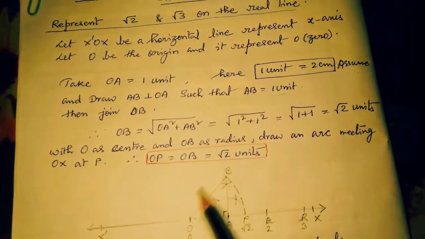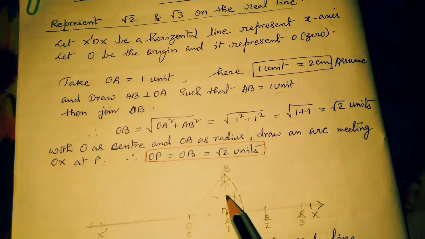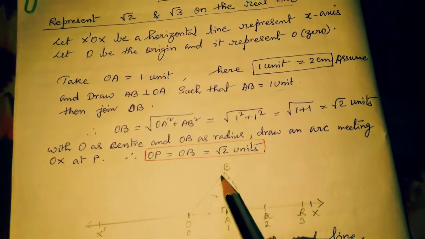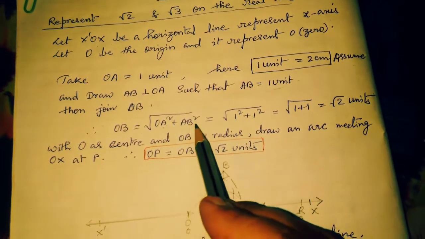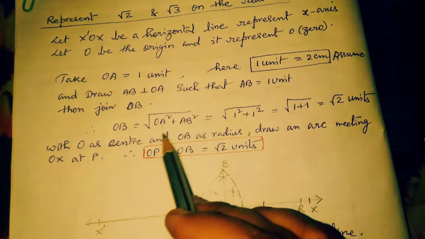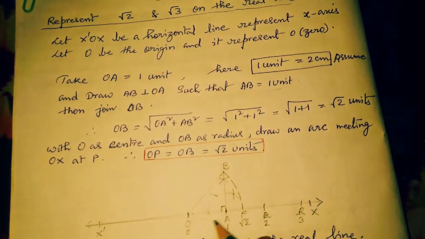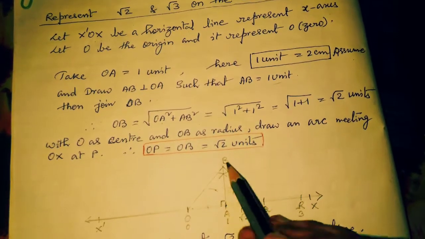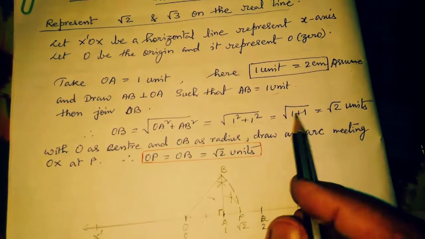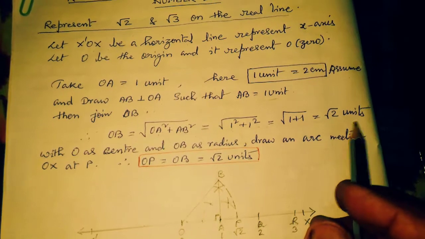Hypotenuse square equals perpendicular square plus base square. Here OB is the hypotenuse, so the hypotenuse is the square root of perpendicular square plus base square, that is OA square plus AB square. Here OA is 1 unit and AB is also 1 unit. So 1 square plus 1 square, 1 plus 1, is root 2 units.